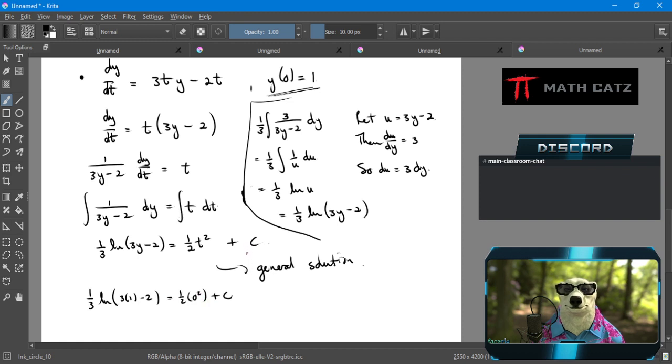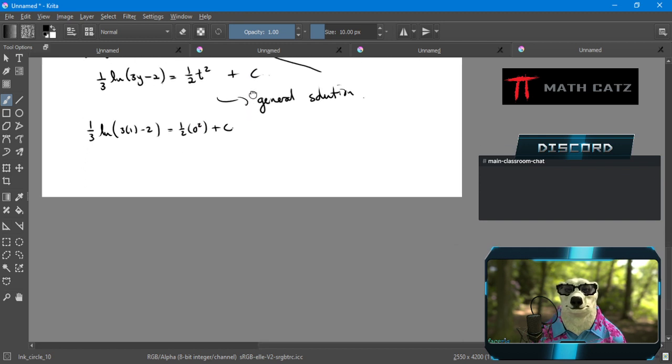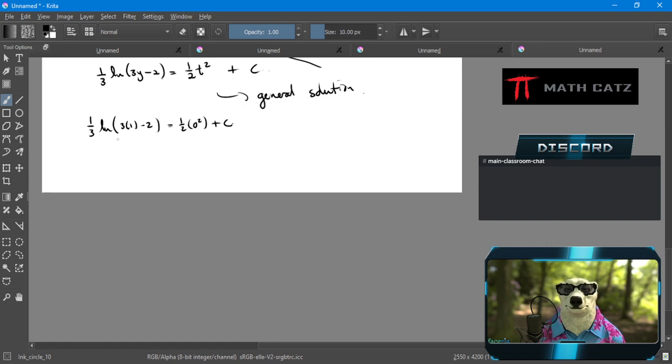Let's move up a little bit. Not a lot of space left. Let me just simplify this guy. This in the bracket is a 1. Log of 1 is, with the power of e, that would give me an answer of 1, which is 0.